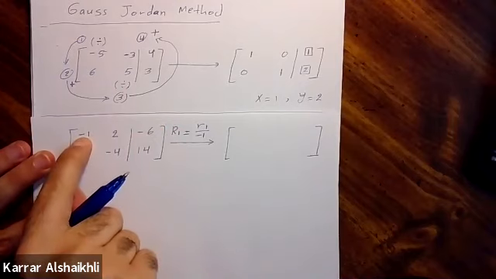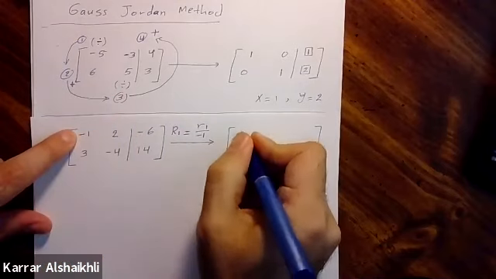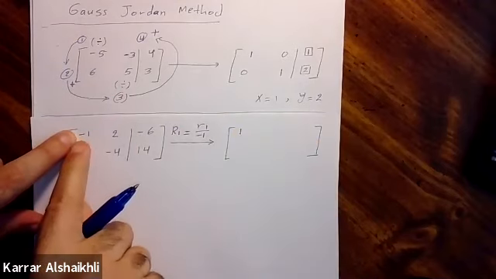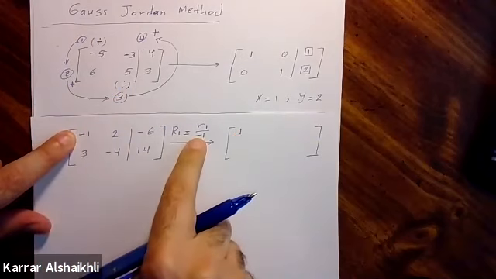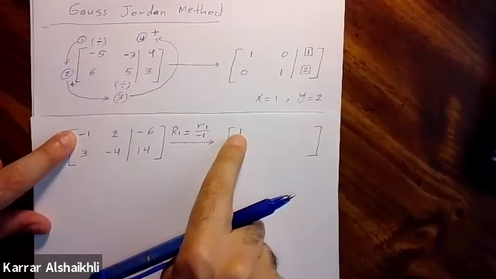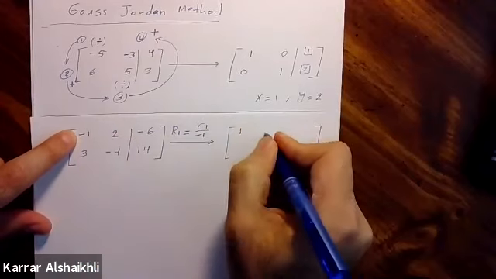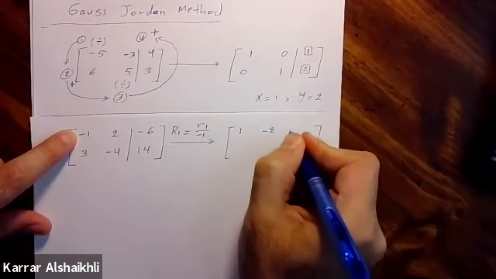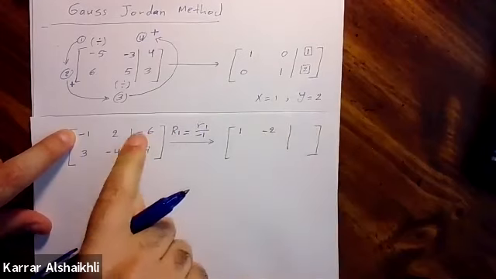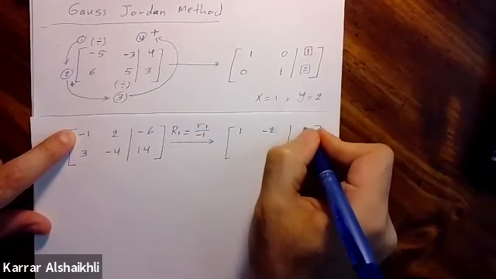So this is my goal, convert this number to 1. How? By dividing the whole row by -1. So -1 divided by -1 is going to be 1. 2 divided by -1 is going to be -2. -6 divided by -1 is going to be 6.